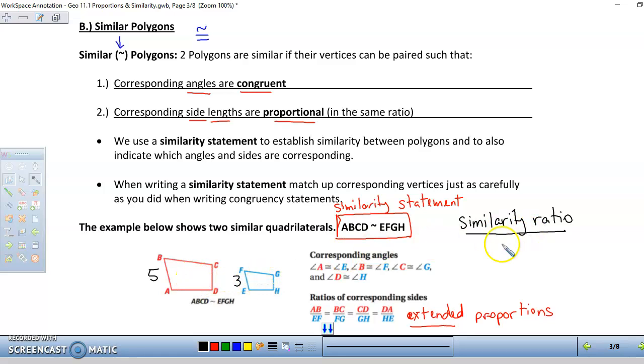From red to blue would be 5 to 3. Okay, now if this statement was flipped, you would flip the numbers. So if I was going from blue to red, I would say 3 to 5. So the order of the similarity ratio does matter. You just got to keep that in mind.